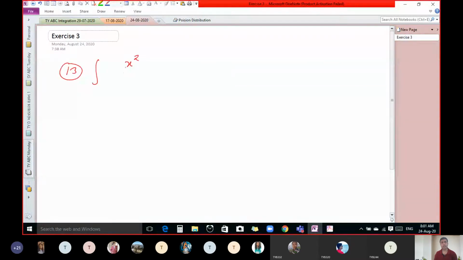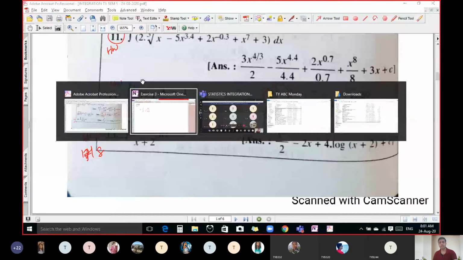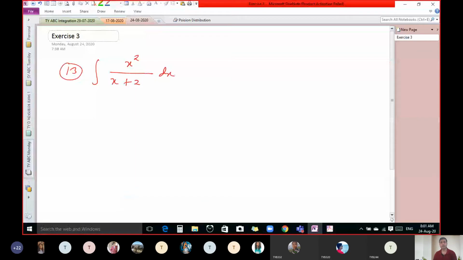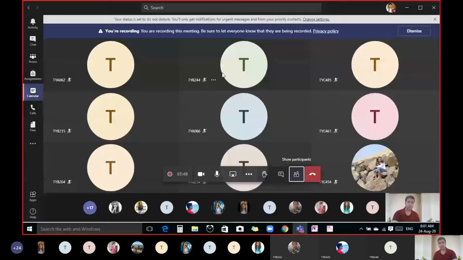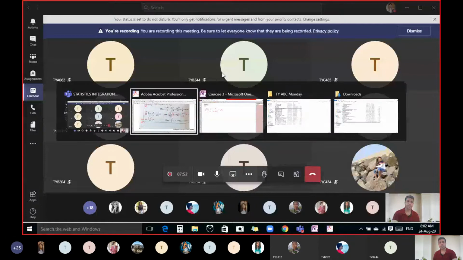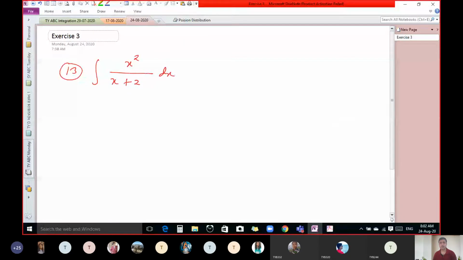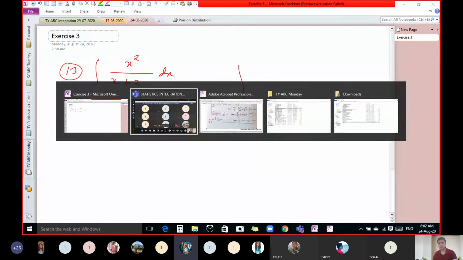As we know, if there is a linear function in the denominator and the numerator has a linear, quadratic or cubic function, in that case we have to use the division method.